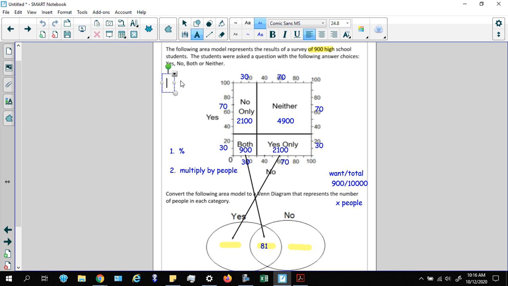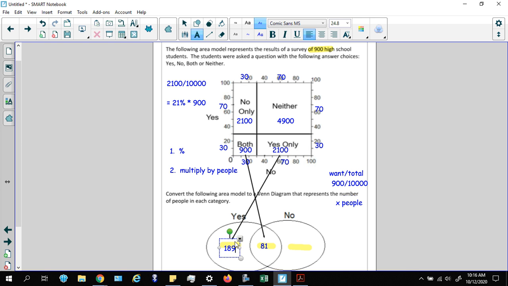I've got to do 2100 divided by 10,000. It equals 21%. And then I'm just going to times that by the number of people in this game. 0.21 times 900 gives me 189.